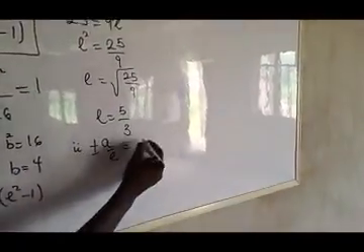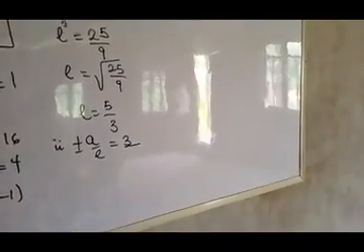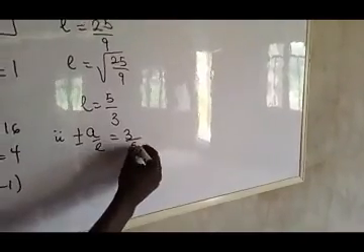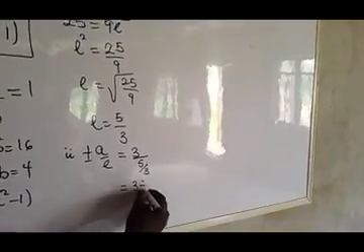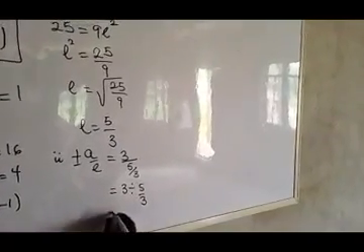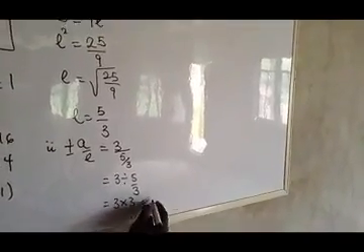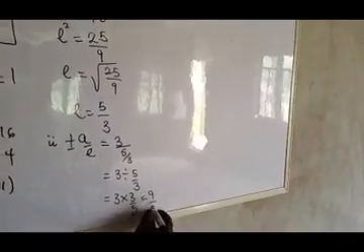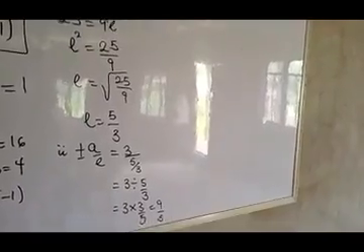The a is 3, divided by our e, which is 5 over 3. That will now be 3 divided by 5 over 3, and that's 3 times 3 over 5, which is 9 over 5. So that's your coordinate foci.